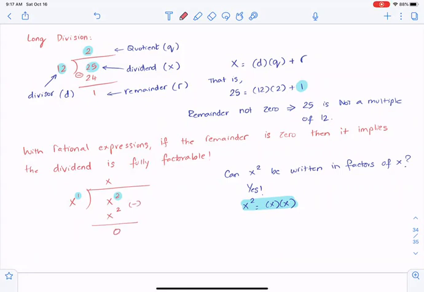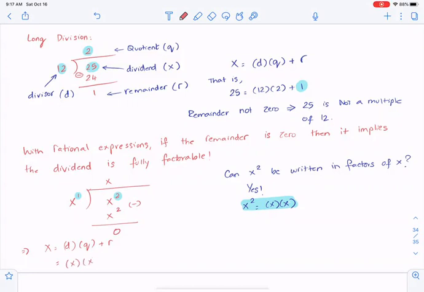So using what I did previously, the dividend is equal to the product of the divisor and quotient plus the remainder. The divisor here is x.